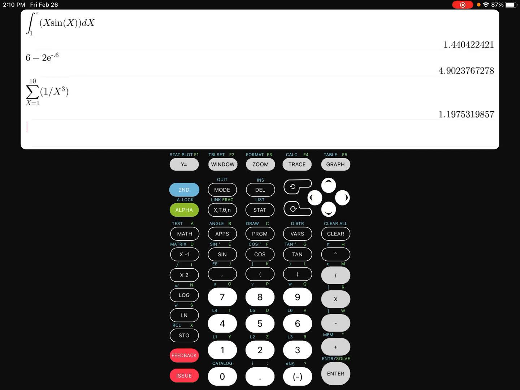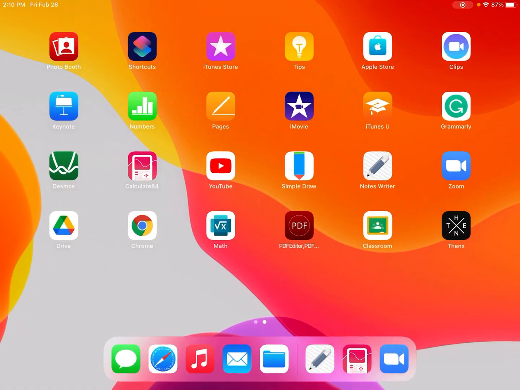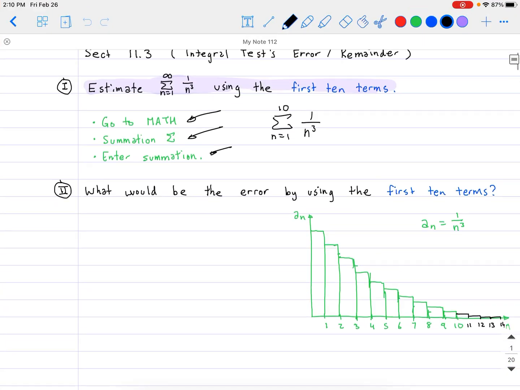There you can see that the summation is approximately 1.198. So using a calculator, that is going to be equal to 1.198.